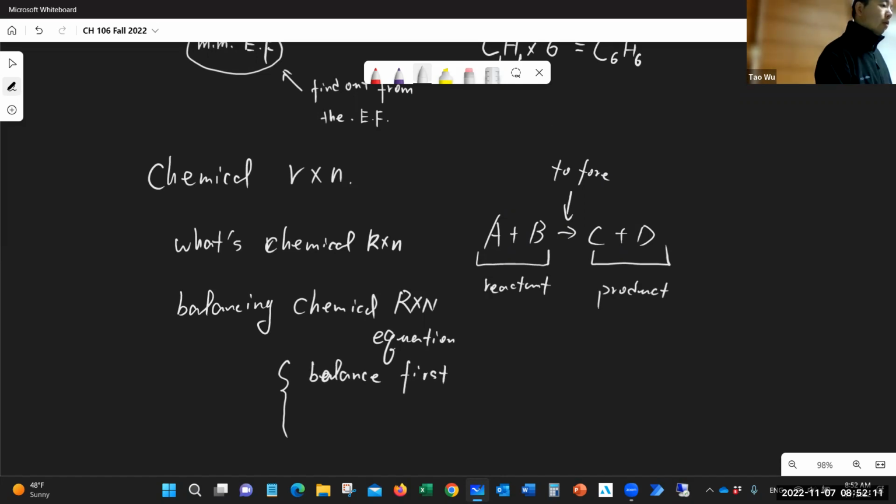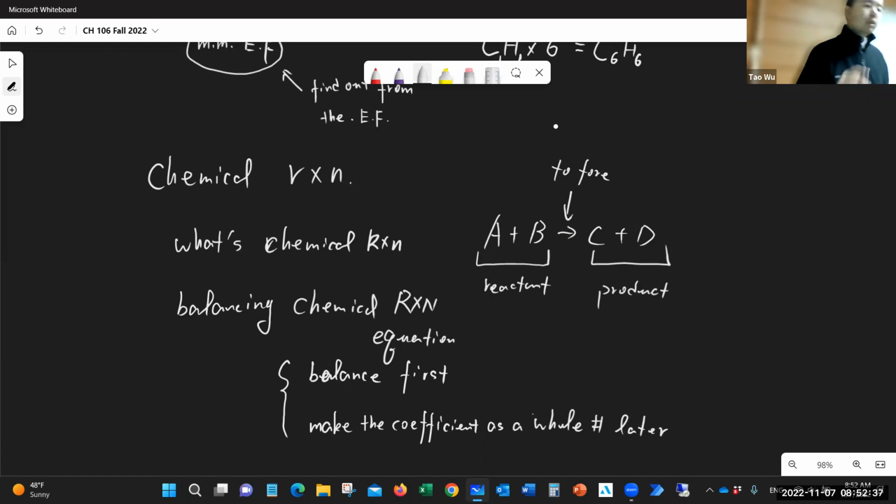Second part is make the coefficients whole numbers. Make the coefficient a whole number for later. So this is how we do the balancing equation.